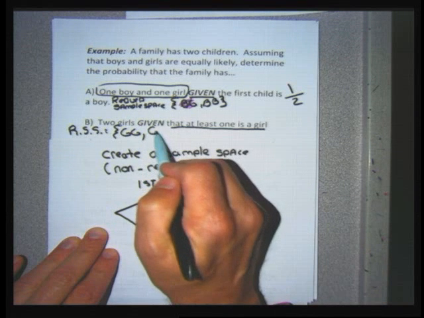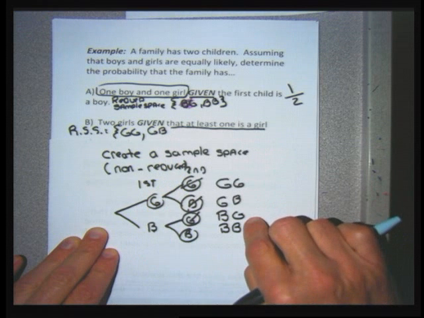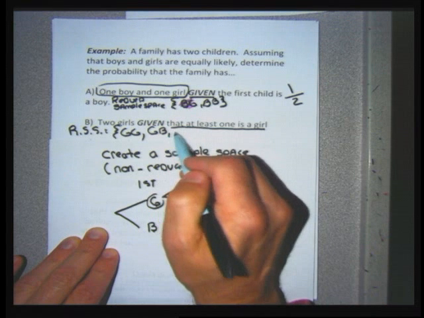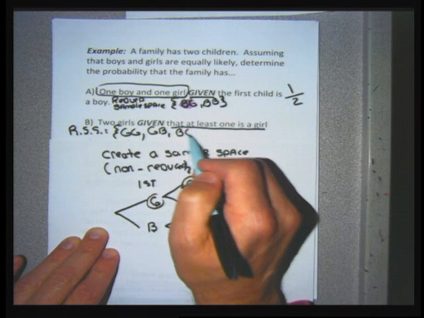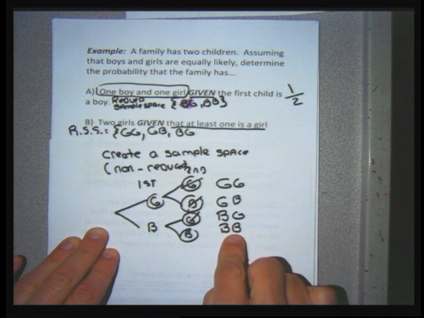That needs to be included in my reduced sample space as well. The third element, boy-girl, has a girl in it, so it fits that there's at least 1 girl, so I'll include it in my reduced sample space. The fourth element, boy-boy, there's no girls, so it doesn't belong in my reduced sample space because it doesn't have at least 1 girl.